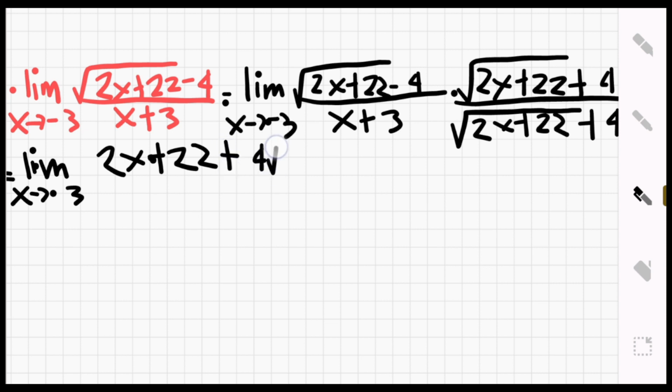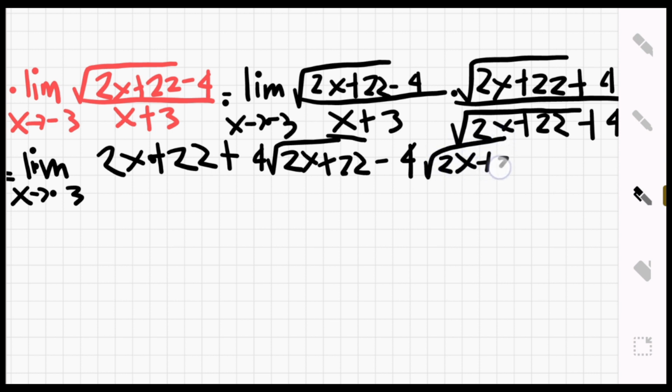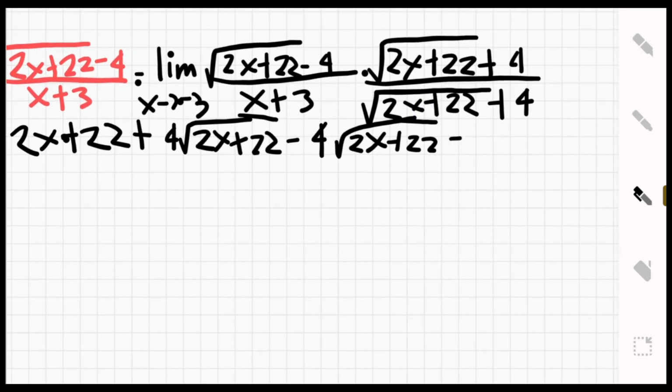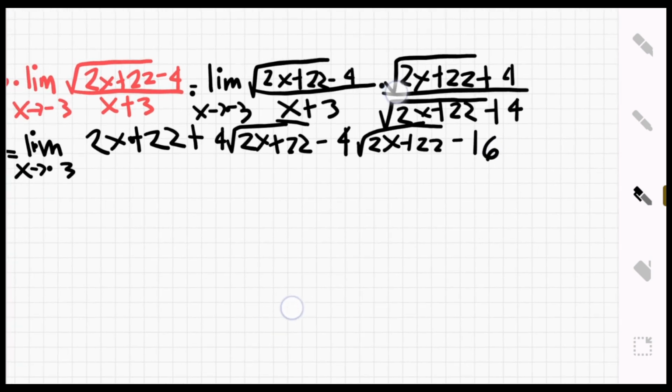Sorry, this is positive, plus 4 times square root of 2x plus 22, minus 4 times square root of 2x plus 22. Then -4 times +4 is -16.